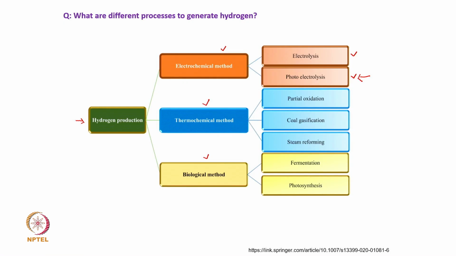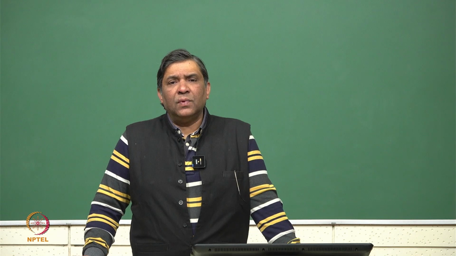Here we do not give this high voltage or electric supply. With the help of sunlight, the water is split. Here the system is the same. We have one cathode, one anode, and in between there is an electrolyzer which contains water.